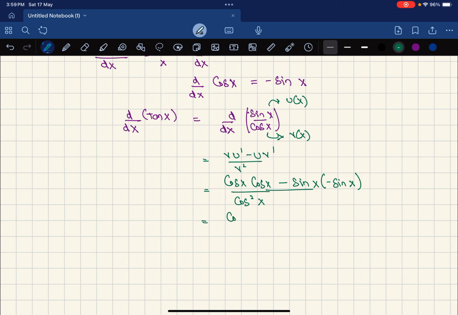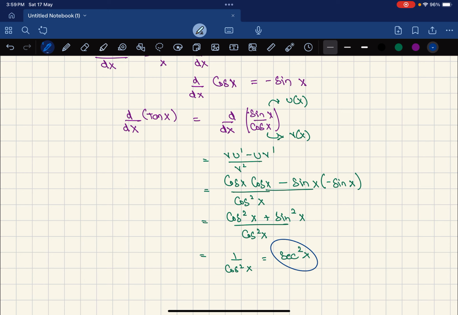So this is cos square x plus sin square x upon cos square x. Cos square x plus sin square x is 1. Therefore 1 upon cos square x, which is nothing but sec square x. So the derivative of tan x is nothing but sec square x.